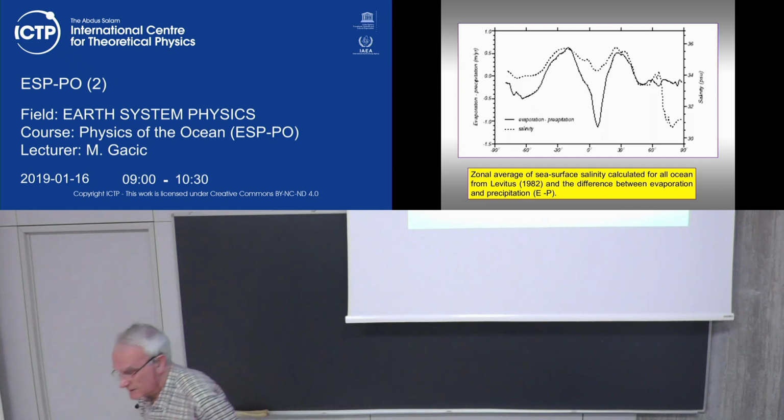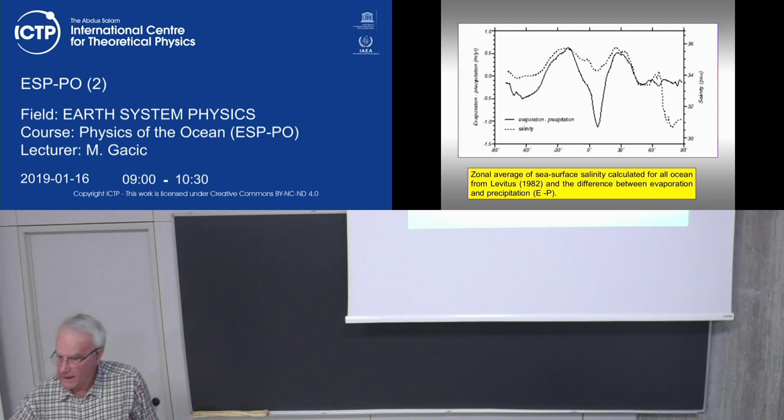And typical horizontal transport in the ocean is on the order of a million cubic meters per second. So at least one order of magnitude larger is the horizontal transport in the ocean than the river discharge. So this is how I would define the importance of the rivers in the world ocean.